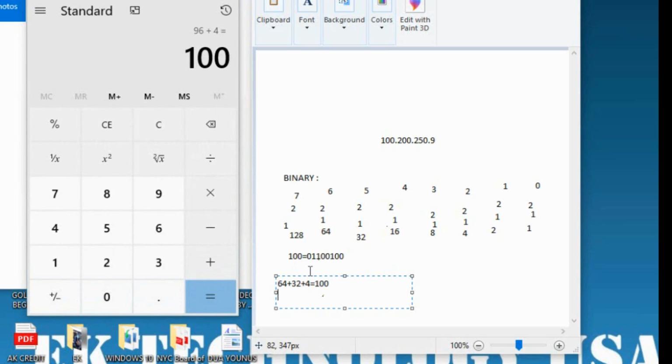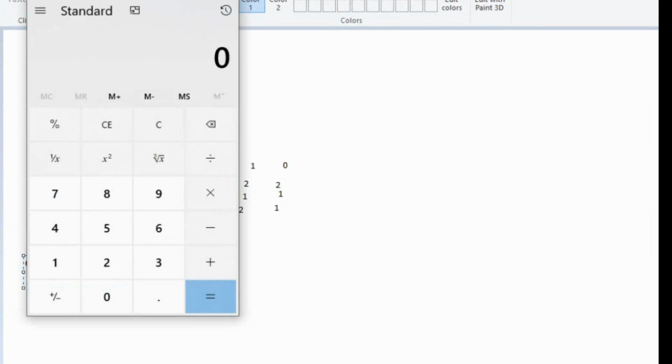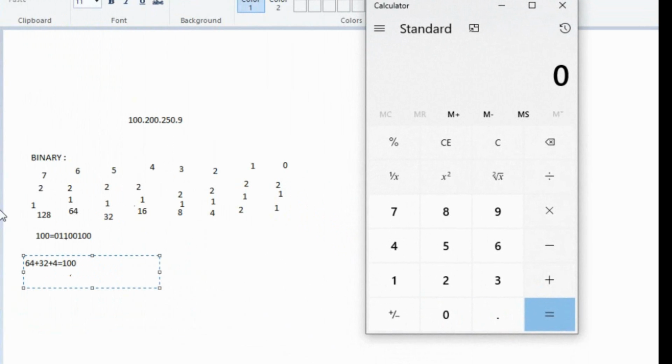Now we're going to go to 200, so let's calculate for 200. Let me get my calculator.